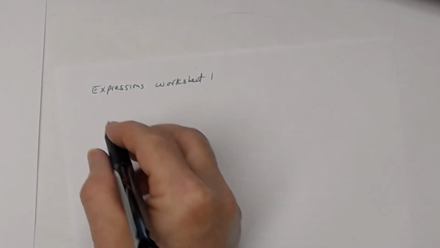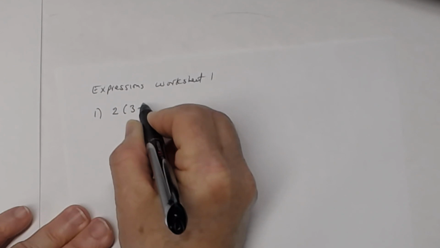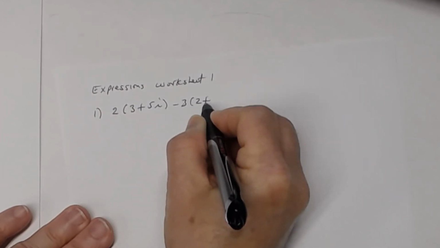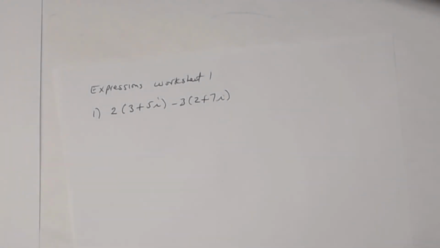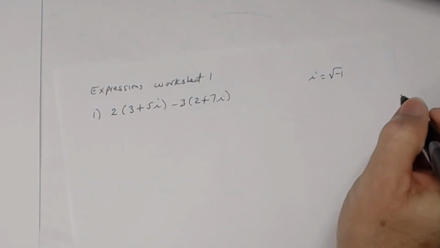Number 1, you have 2 times 3 plus 5i minus 3 times 2 plus 7i. Now remember, i is an imaginary number. i is equal to the square root of negative 1, which is not a real number.